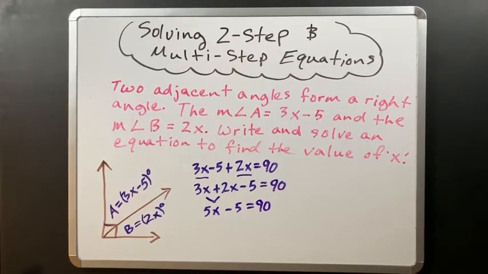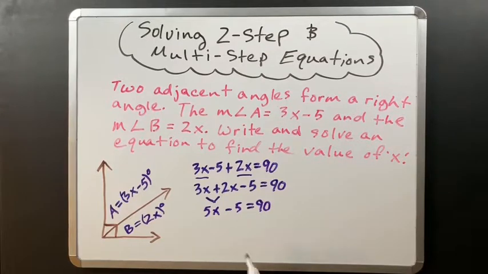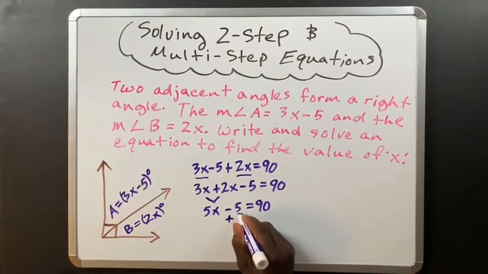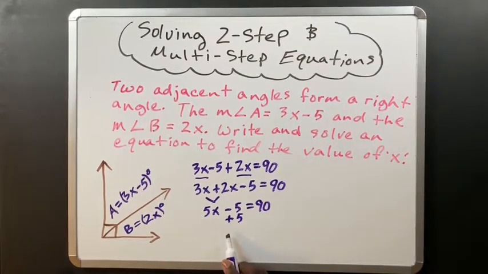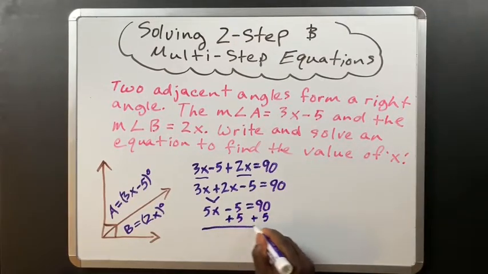Looking good. Now, to isolate that variable x, we need to get rid of this 5, the coefficient, and this 5, the constant. Now, to get rid of this 5, we need to get rid of this 5 first. What's the opposite of subtracting 5? We add 5. Whatever you do to one side of the equation, you do to the other side of the equation, draw our line.